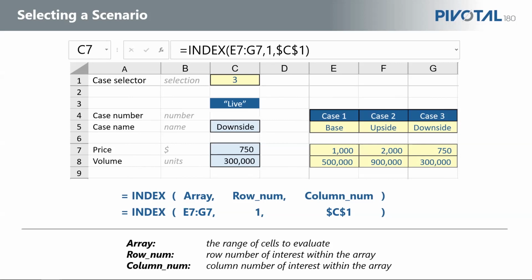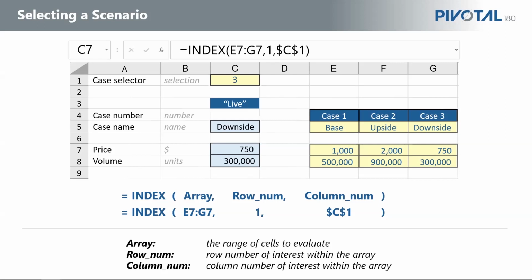So where can I come up with that 1, 2, 3 that's specifying which column within the array? So we come back to that magic case selector cell in cell C1, because that is 1 in case 1, 2 in case 2, 3 in case 3. But you'll see within the formula bar, I've specified this as an absolute reference. I've used anchors, $C$1.